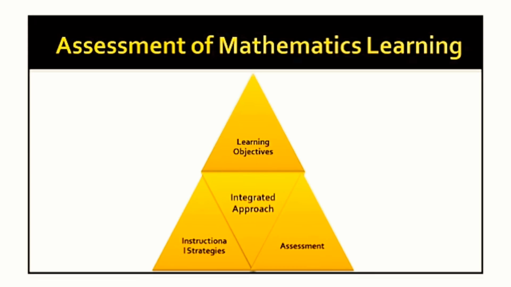So these are again interrelated, and the third interrelation is between the instructional strategies and the assessment. Assessment also gives feedback to the instructional strategies. Thus, all three concepts, learning objectives, assessment and instructional strategies, are integrated. And in order for assessment to be comprehensive, the teacher has to see to it that all three go together and we adopt an integrated approach. Learning objectives should tell us how the assessment should be.